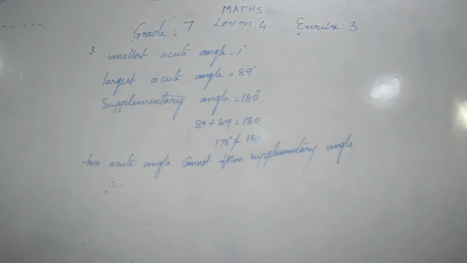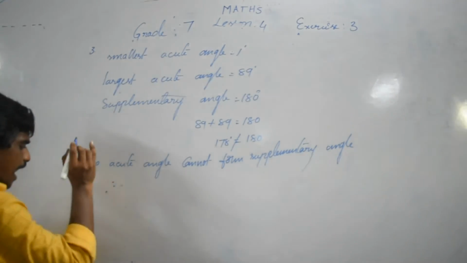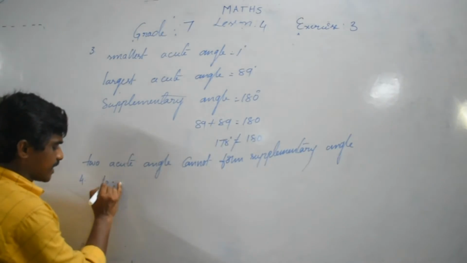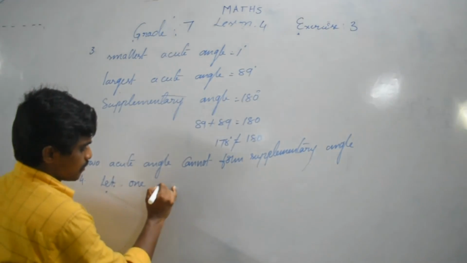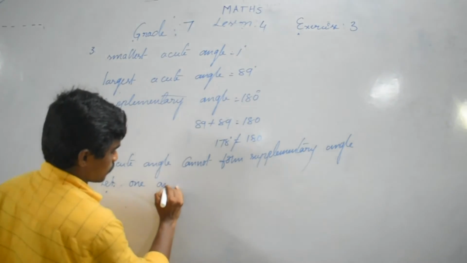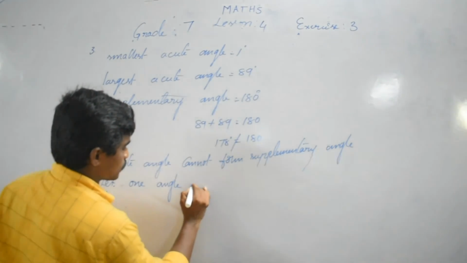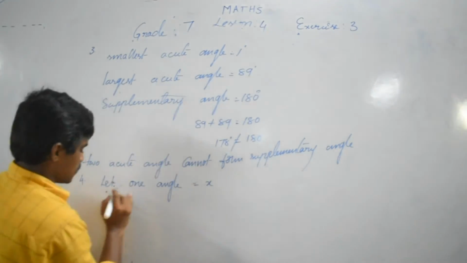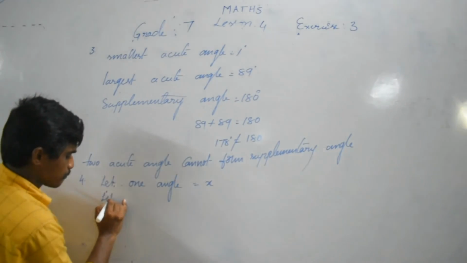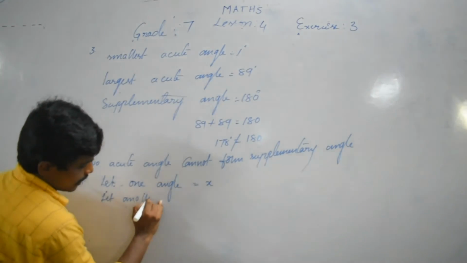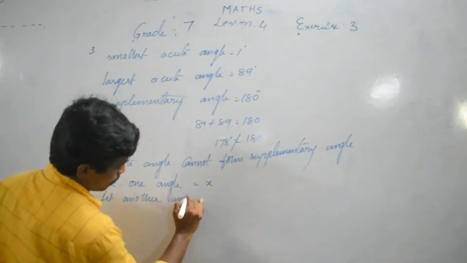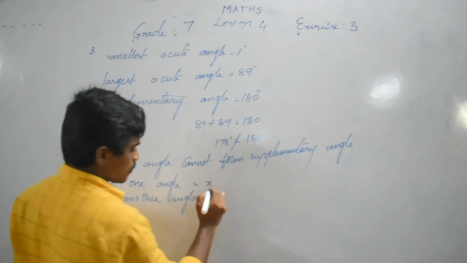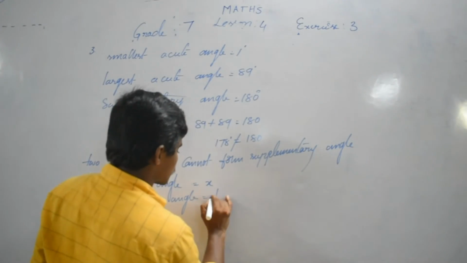Next one, two angles are equal and supplementary to each other. Find them. So two angles are equal. Let one angle be x. Let the other angle also be x, since the two angles are equal.